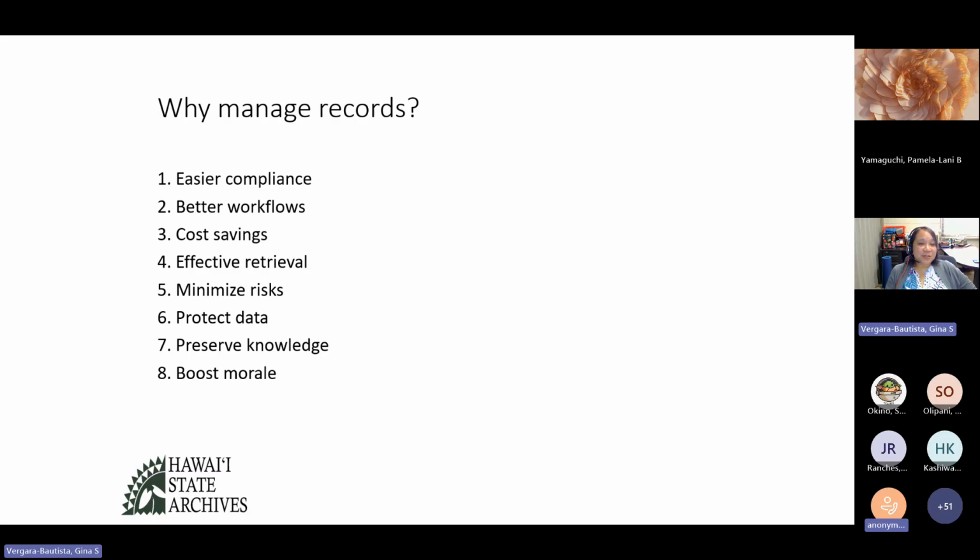Retrieval is actually much, much more effective because when you manage your records, you know where those records are. You know which records were destroyed already, so you're not going to be looking for them. And you know which records are still in the office or in a third-party system, so you know exactly how to find it and where to get it when you need it.